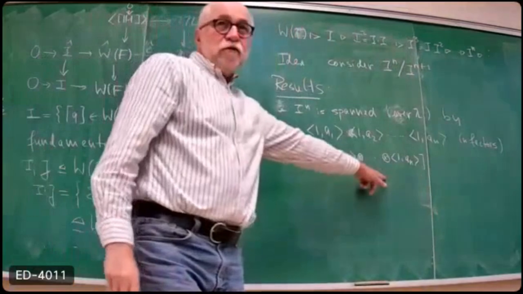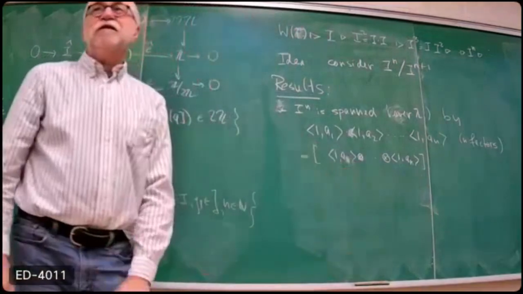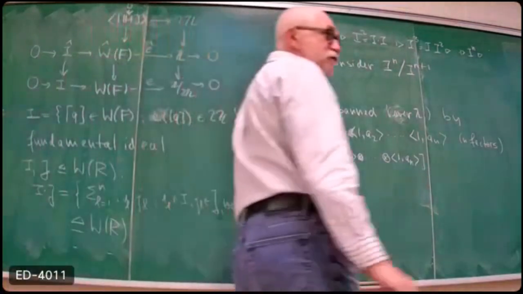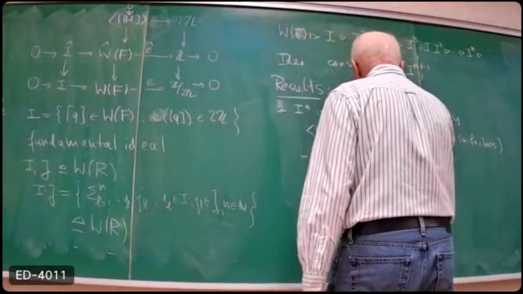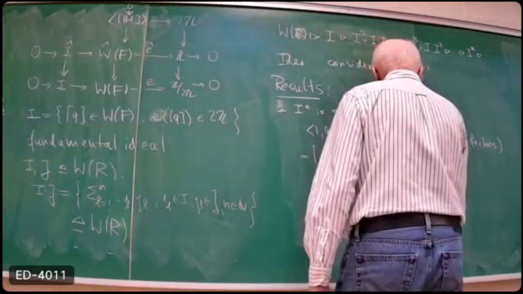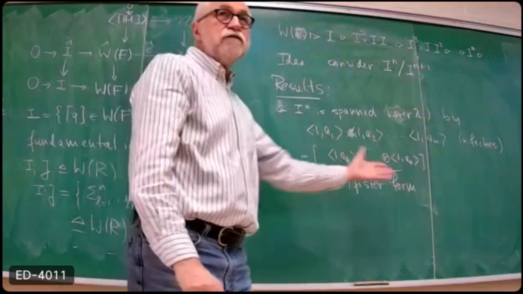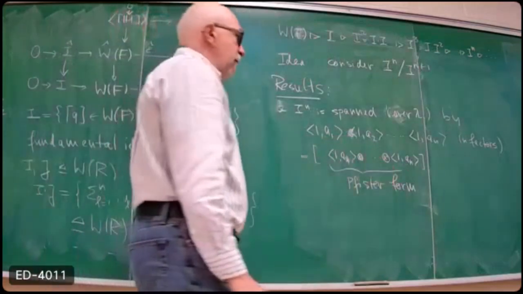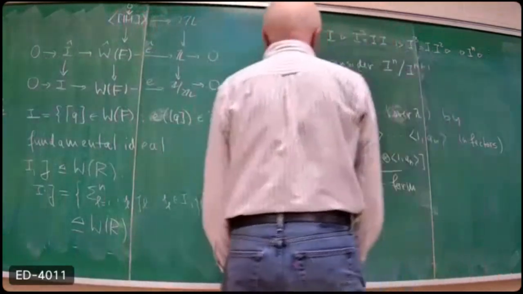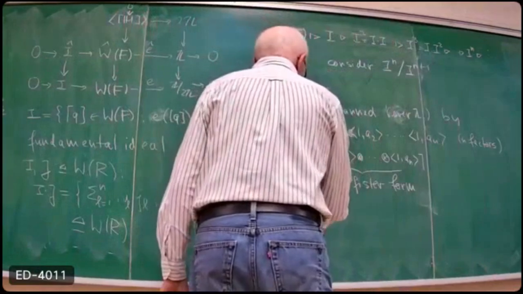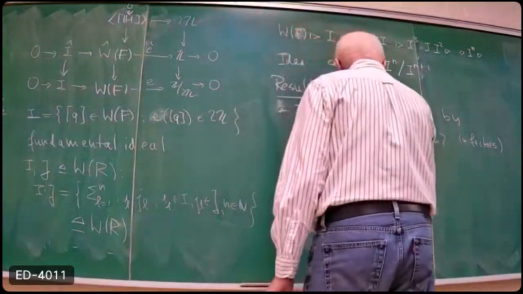Now, these quadratic forms are very special. They have marvelous properties. They have a special name. They are called Pfister forms. They are closed under arithmetic operations like tensor product. Okay. Now, it is known that I to the n modulo I to the n plus 1 is always a group of exponent 2.